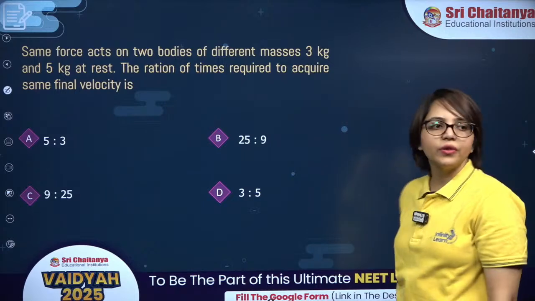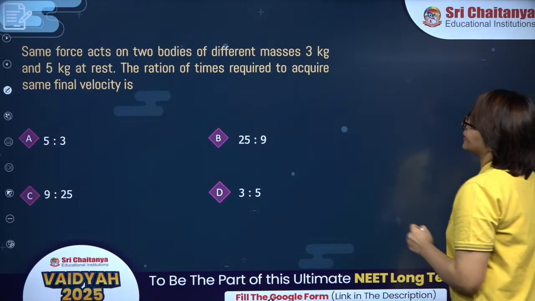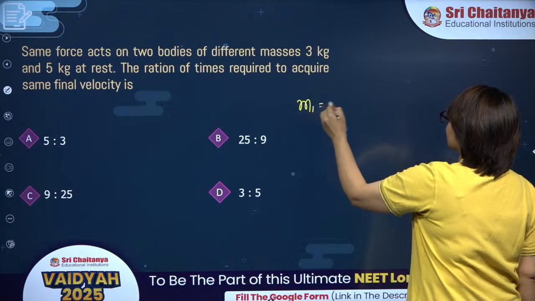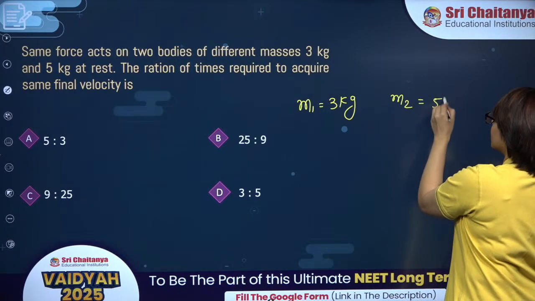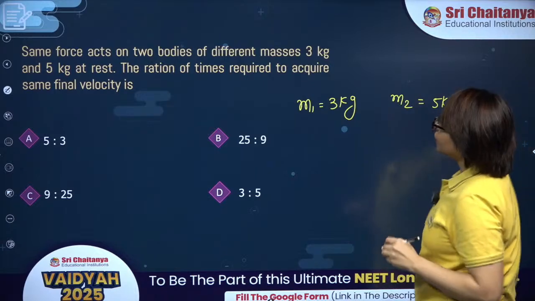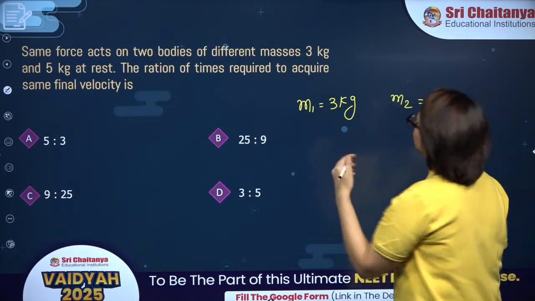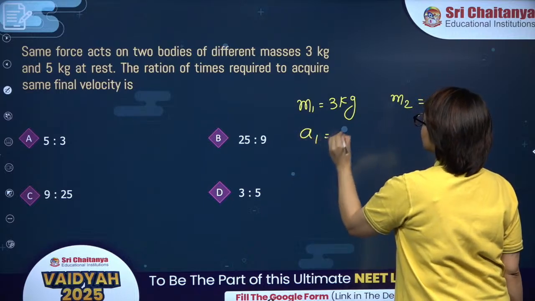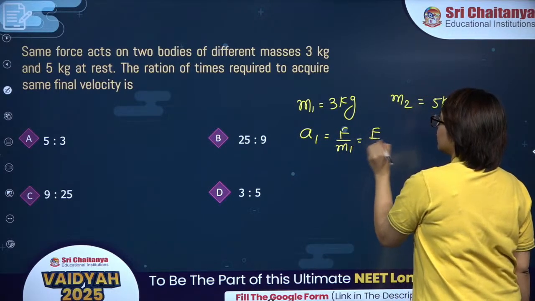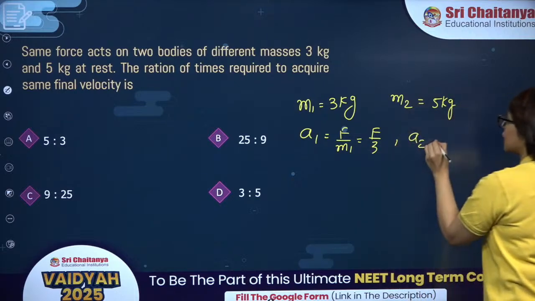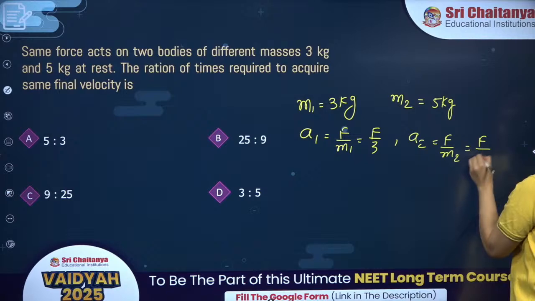The initial velocity of both these bodies is 0, since both are at rest. M1 is 3 kg and M2 is 5 kg. We are applying the same force. So the acceleration of the first body is F upon M1, which is F upon 3, and the acceleration of the second body is F upon M2, which is F upon 5.